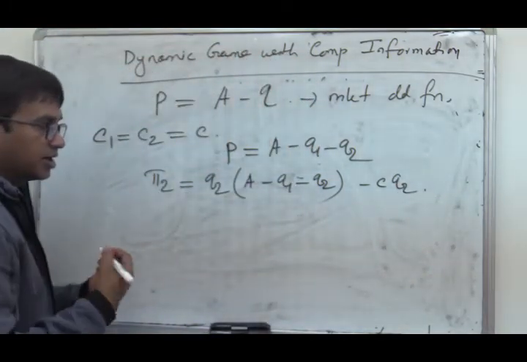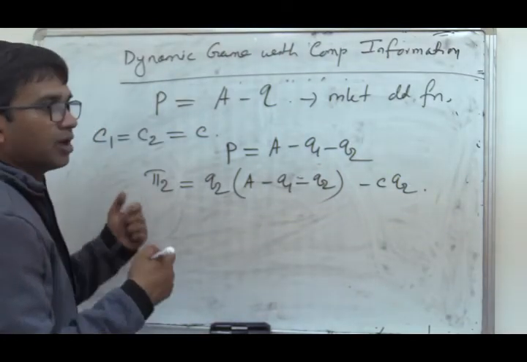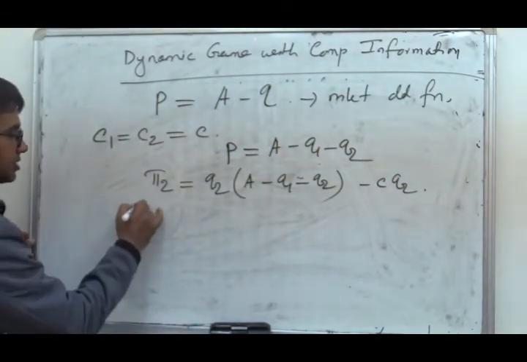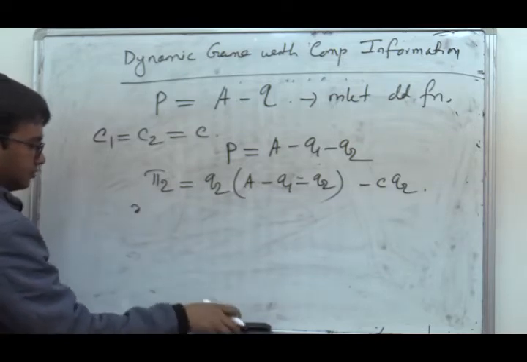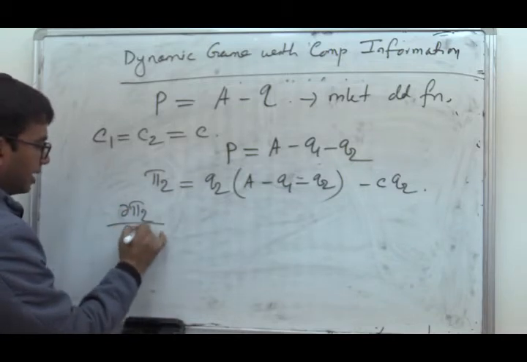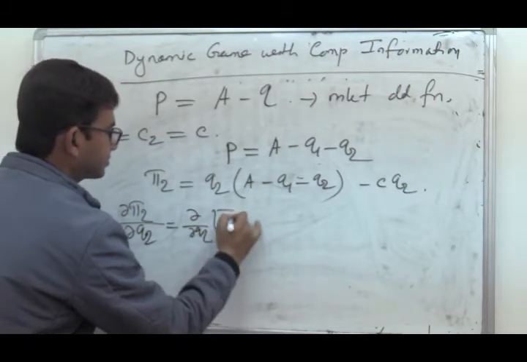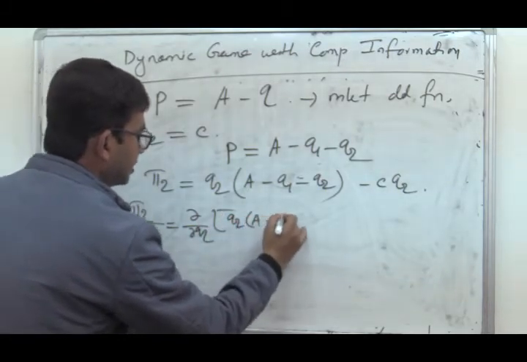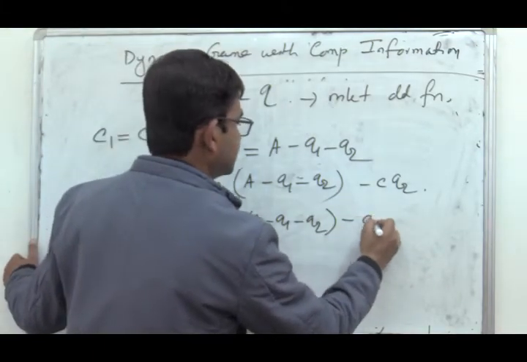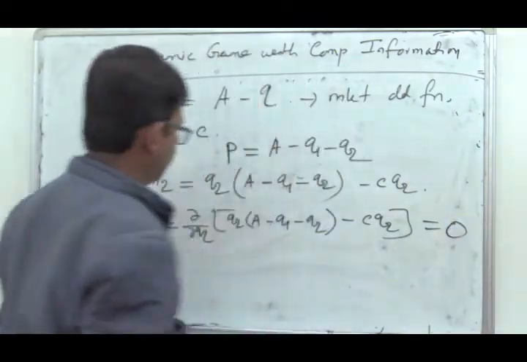If we want to find the reaction function, what do we need to do? We have to find the profit maximizing condition, or the maxima condition. That means first we have to find that del pi 2 by del Q2 equals 0. So del by del Q2 of Q2 into A minus Q1 minus Q2, minus CQ2, must be equal to 0.